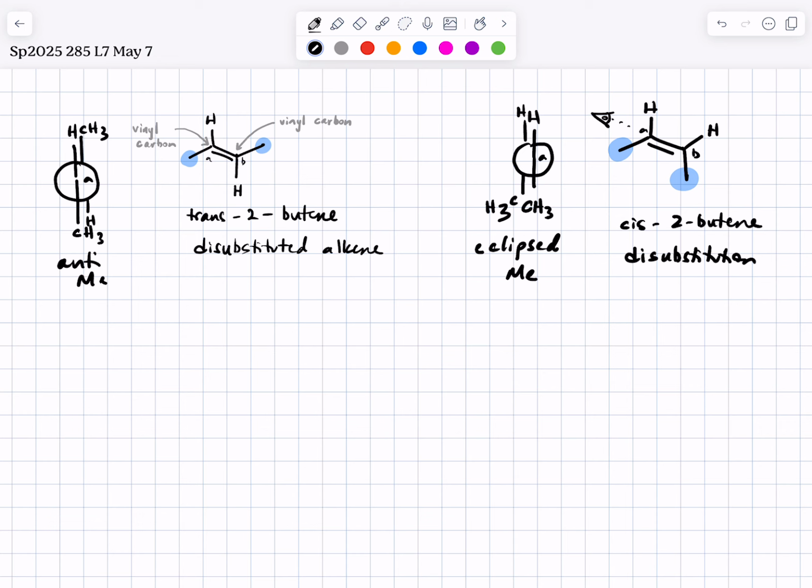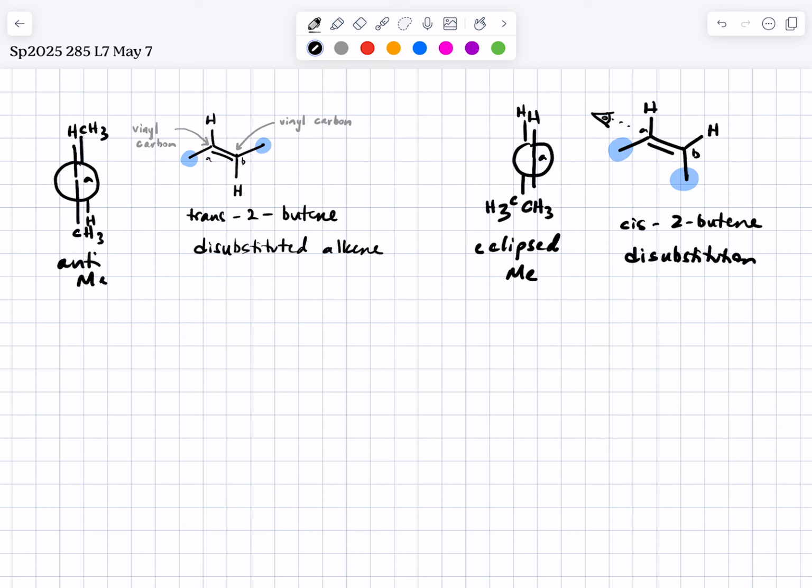The one on the left is called trans because the two methyl groups are anti to each other. That's the definition of trans. Okay, so I see the difference. The difference is that the methyl group is in places where the hydrogen was. Right. So I think your question is how do you form different stereoisomers?